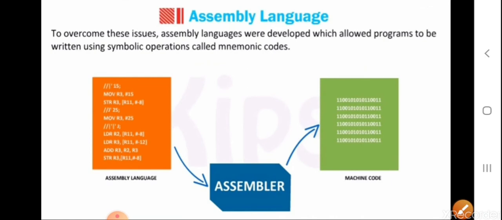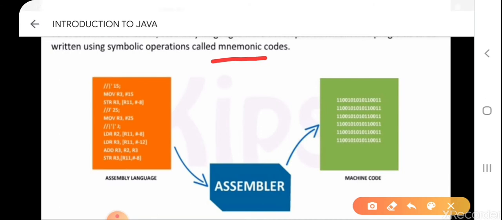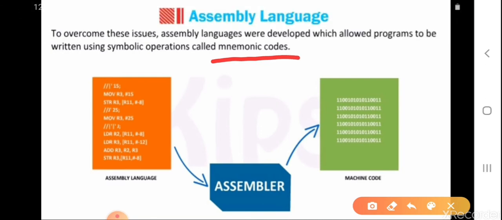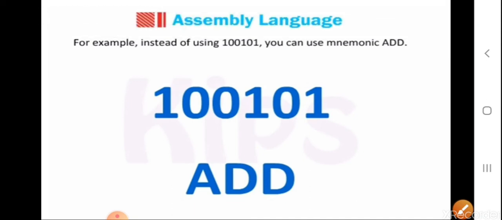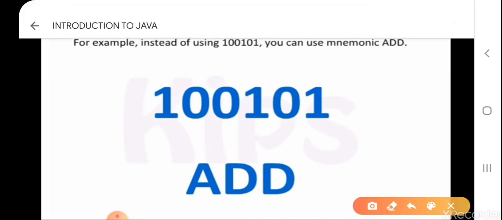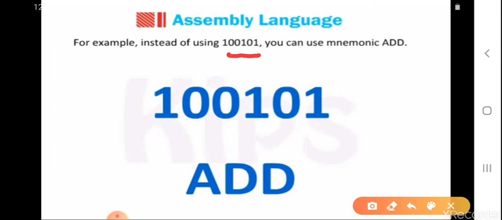That's why, to overcome these issues, assembly language was developed, which allowed programs to be written using symbolic operations, which are called mnemonics. For example, instead of using 100 101, you can use the mnemonic ADD.